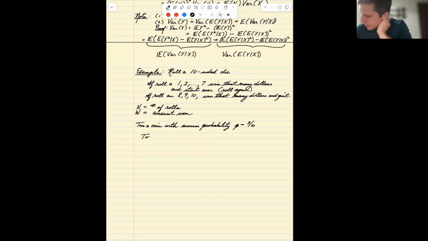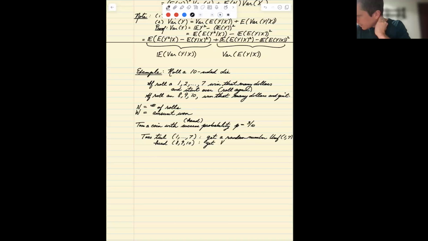So if we toss a tail, which we're defining as a 1 up through 7, we get a random number that's uniform from 1 to 7. And if we toss a head, we get a random number which is uniform on the set 8, 9, 10, but then we stop.